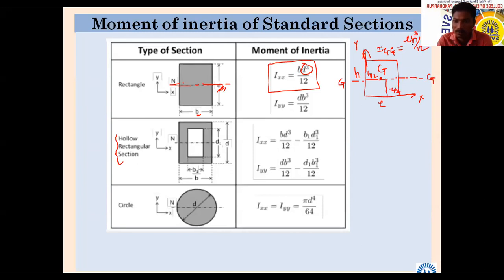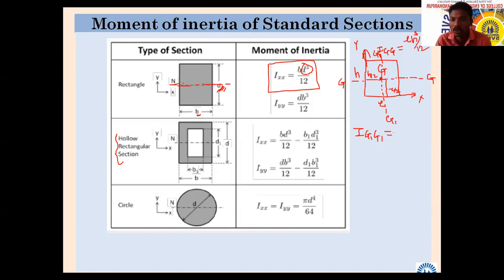Similarly, suppose now it was horizontal, and suppose I take vertical. About this axis, I will give G1, G2. This axis is passing through G1 to G1, something like this. G1 means vertical axis passing through the centroid.